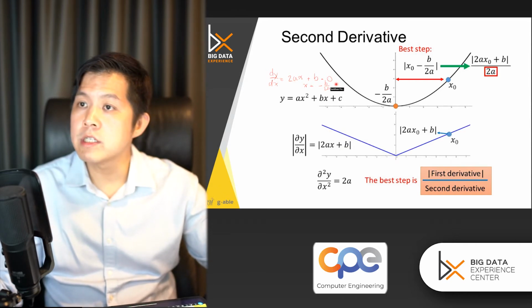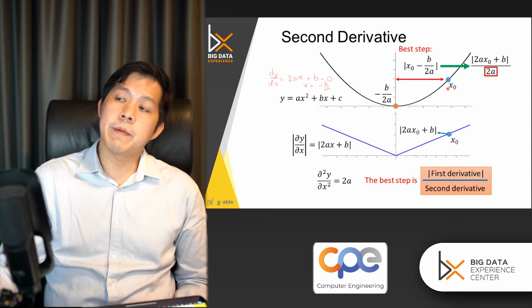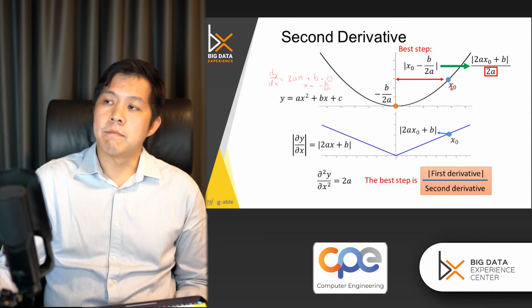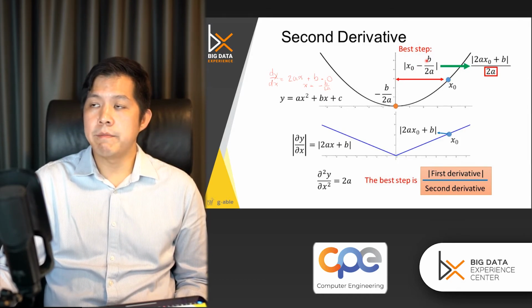That means the lowest point here is at minus b over 2a. So if we have some point x0, the difference between this point and the lowest point is x0 minus b over 2a.